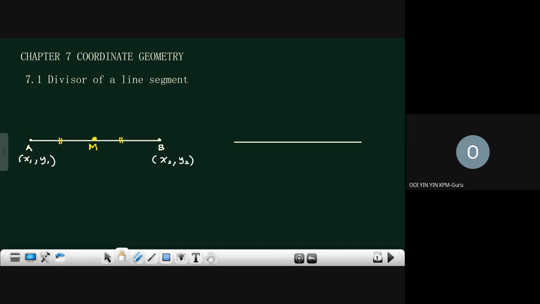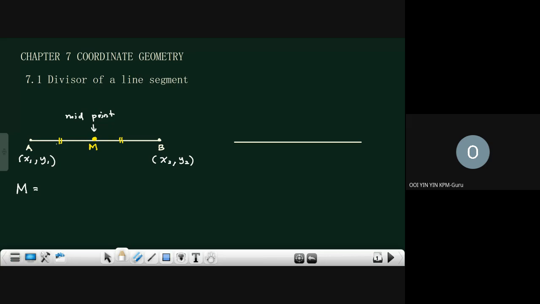Okay, the coordinates of A and the coordinates of B. And if I want to find the coordinate for my point M, point M at the center, it is also called the midpoint. Okay, you remember this term midpoint? I think you have learned it during your Form 2, if not mistaken. Midpoint means the point at the middle, the center.